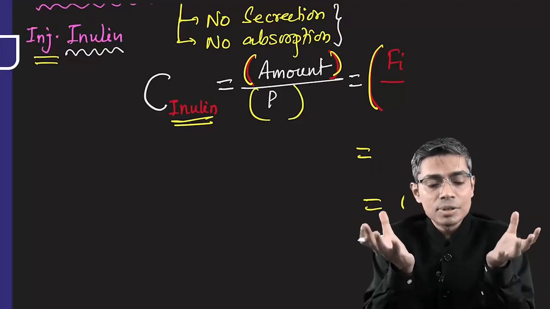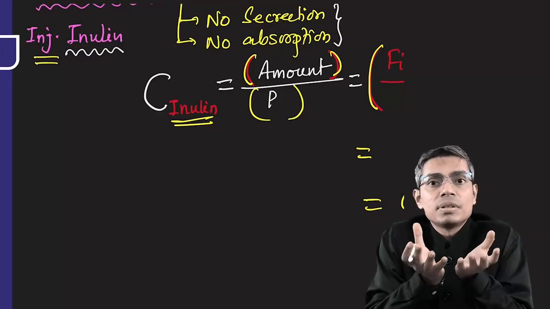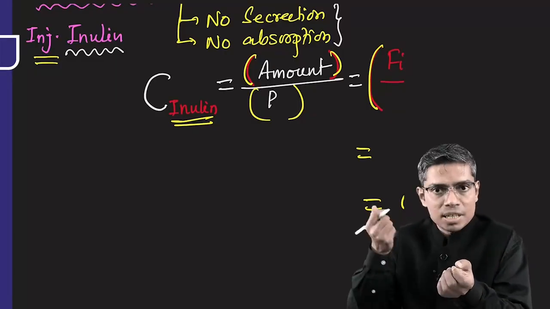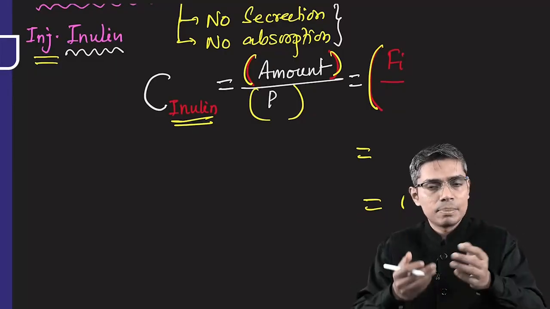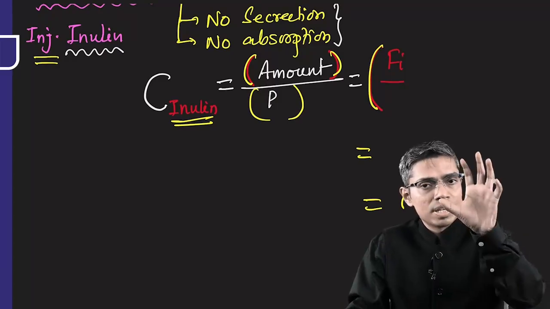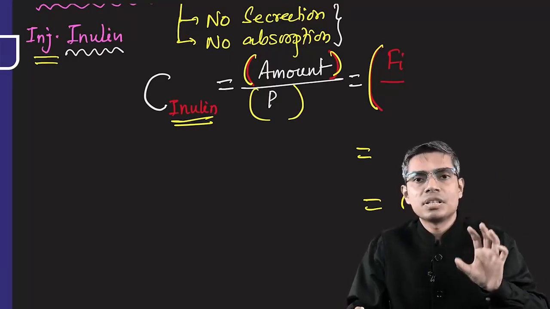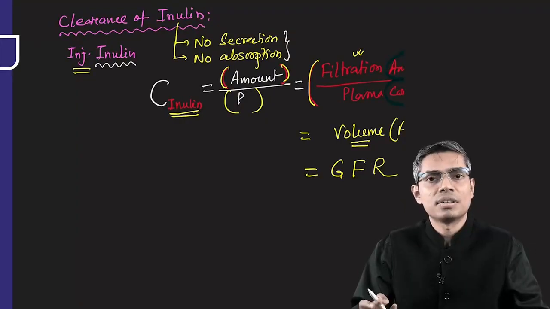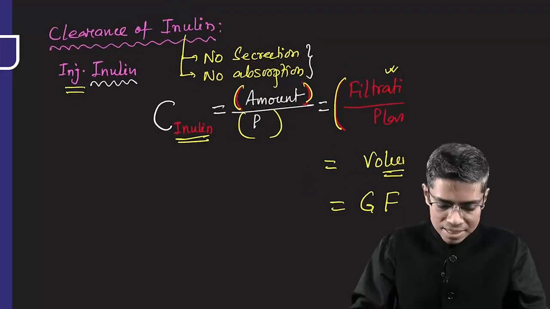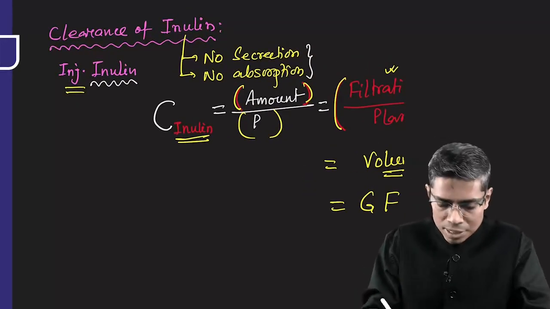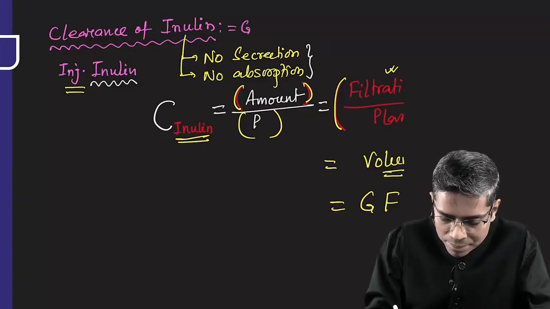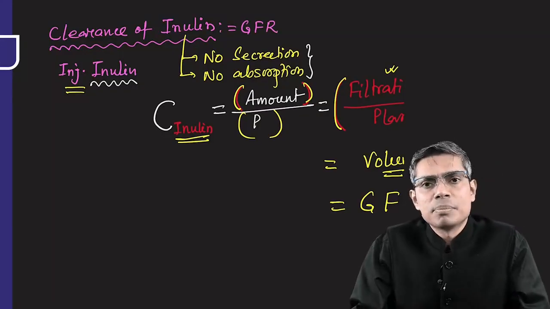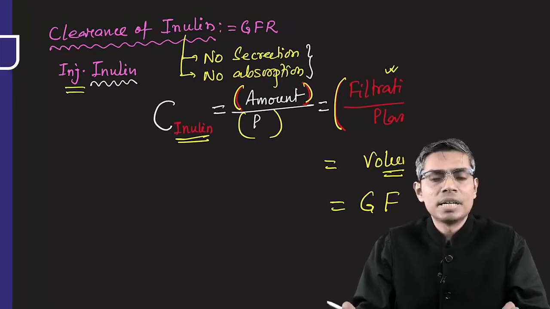You are collecting the urine and measuring the amount of inulin in your urine, and then you take a plasma sample, an arterial blood sample, and you divide the urinary concentration upon your plasma concentration. You are going to get the exact glomerular filtration rate. Please remember that clearance of inulin is equal to GFR, and it is the gold standard method for measuring the GFR, the best method for measurement of the GFR.